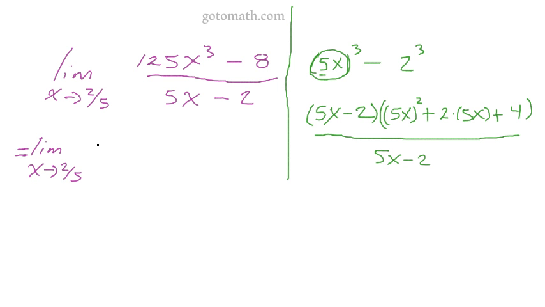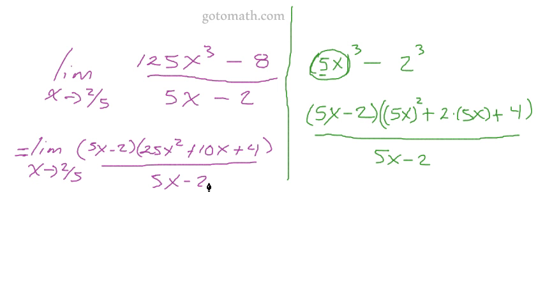Alright, so we end up with 5x minus 2, and then this right here we can say is going to be 25x squared plus 10x plus 4, and that is all over the 5x minus 2, and now we can do some canceling, rewrite, and then finally do the direct substitution and find out what this limit actually is.